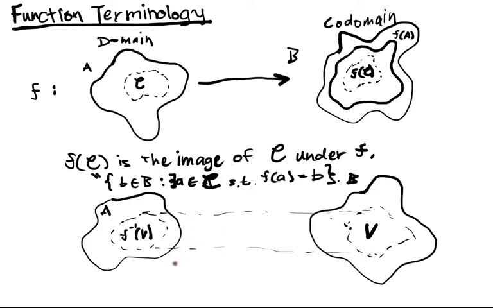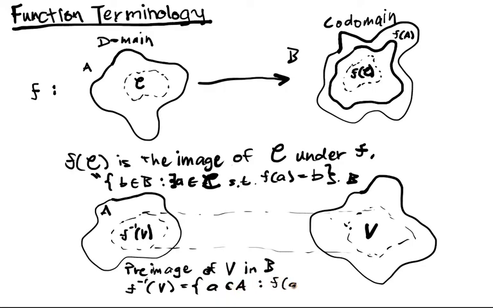So this is just called the preimage of V in B. And it's equal to all a in A such that f of a lives in V. So I basically invert this process.